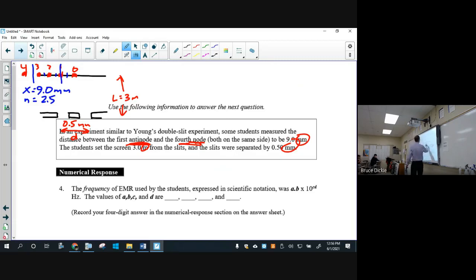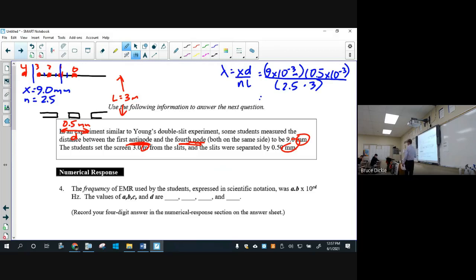Lambda is equal to XD over N times L. X is 9 times 10 to the minus 3 meters, right? Not 9 millimeters. Times D, which is 0.5 times 10 to the minus 3, divided by N times L. Use brackets on the bottom because you're doing an operation in the denominator there.